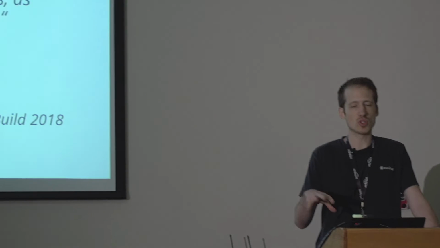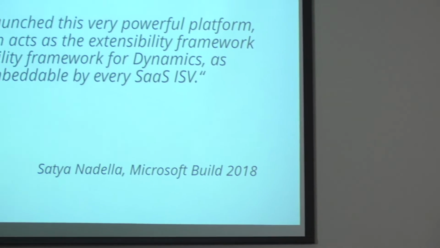Specifically, I'm going to focus on Microsoft right now because first of all, they're in most organizations, and also they are pretty much leading this space in terms of directing those technologies to business users. Here's a quote from Satya Nadella, 2018, talking about Power Platform, which is their low-code platform built into Office.